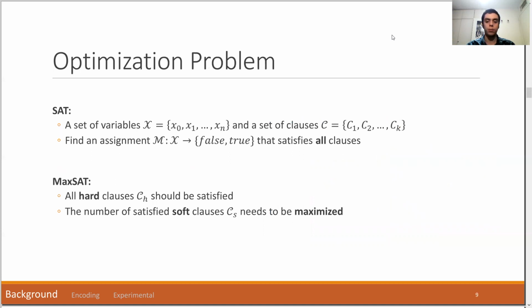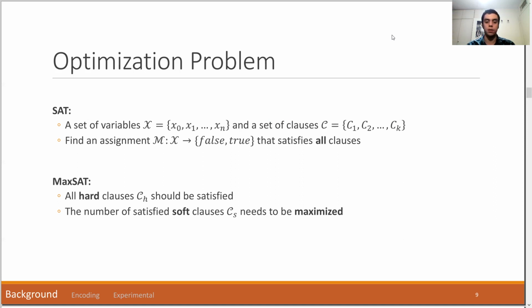The optimization problem that we chose for this purpose are SAT and MaxSat. SAT is inherently not an optimization problem, but we'll see how we can use it to solve an optimization problem in future slides. A lot of you already know what SAT is. You have a set of binary variables and you have clauses, and you need to satisfy all those clauses by finding an assignment.